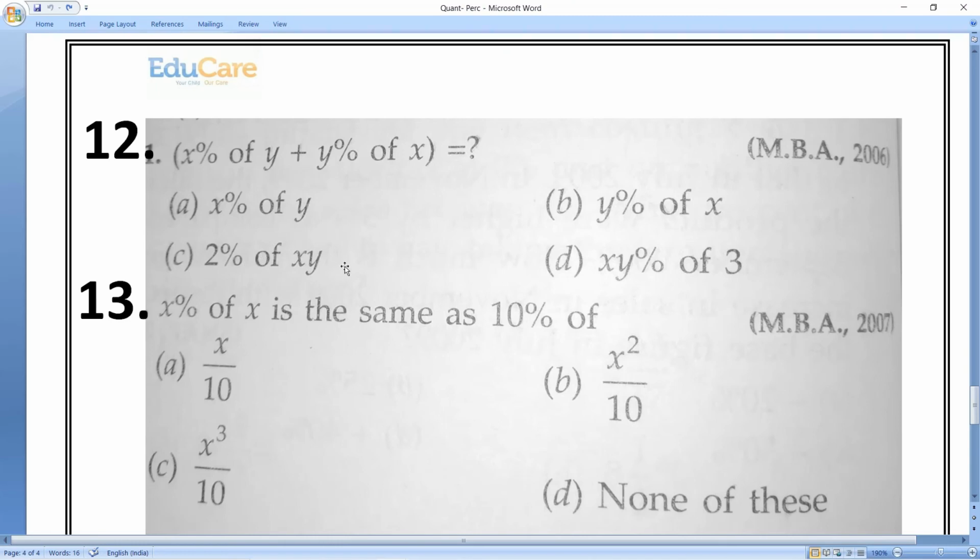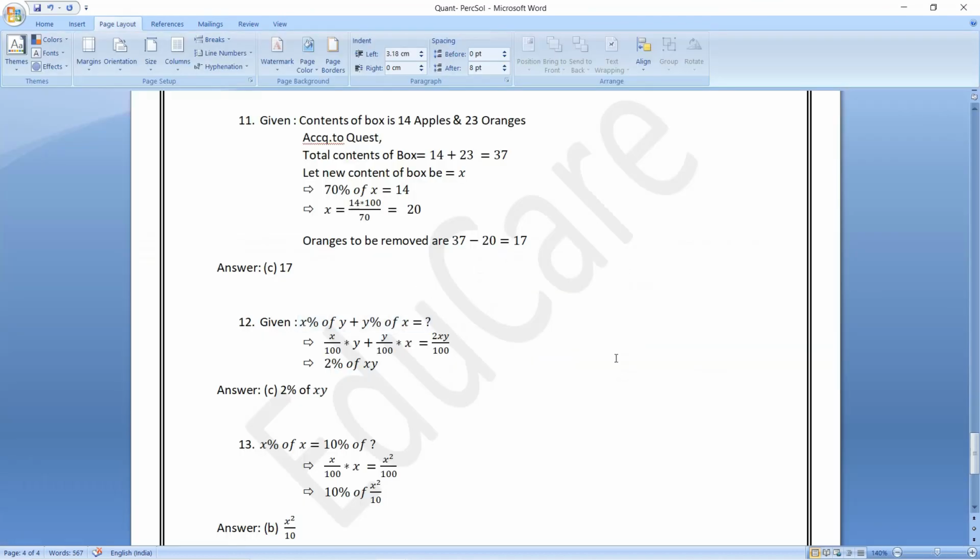And xy percent of 3, no. So the only option remaining is 2% of xy. How? 2% means 2 by 100 into xy. So it is 2% of xy. Okay, so the answer will be option C, 2% of xy.